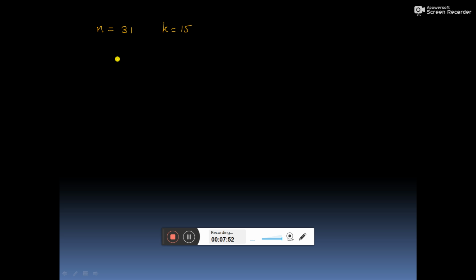So for question A, we have block length n equal to 2 raised to m minus 1. From this you can calculate the value of m, that is, how many bits are there in a symbol. This m is the number of bits in a symbol.